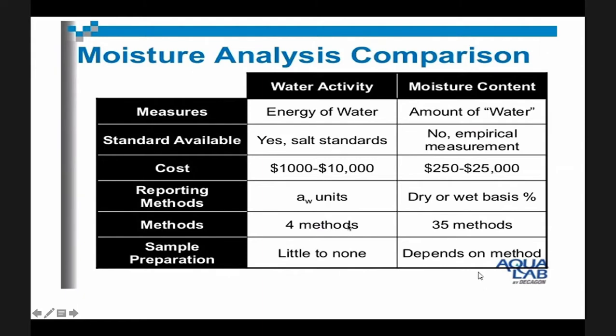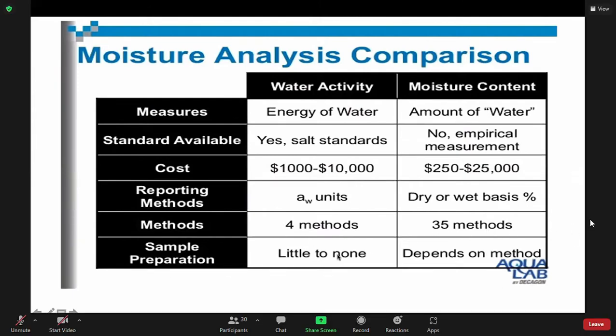Then there are four recognized methods for the determination of water activity. While for moisture, there's a lot, 35 methods. And sample preparation, little to none. For moisture content, it depends on the method, because sometimes if you report it as dry basis, you have to do sample preparation. But for water activity, you have to check it directly.